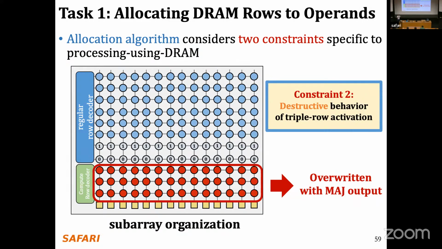So you activate the 3 rows, they are read, they are activated. I keep the word line high for all of those 3 rows. And after some time, my sense amplifier is going to do the majority operation, and because everything is connected to the bit line, it is going to drive the data back to the cells. So you don't need to issue a read followed by a write. Everything is encapsulated in the same activation command.